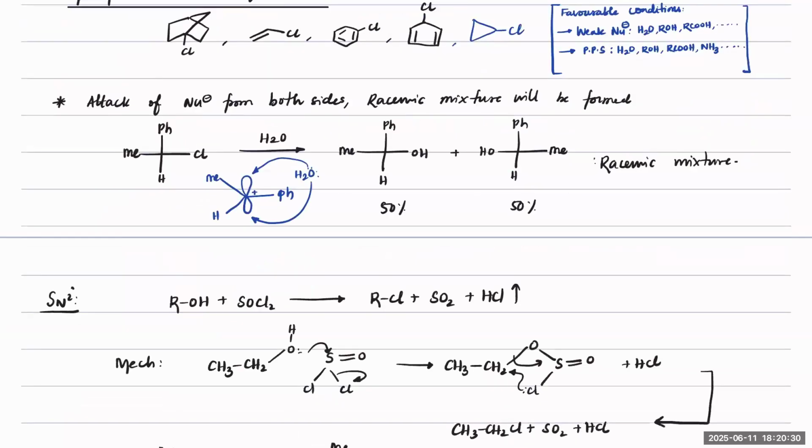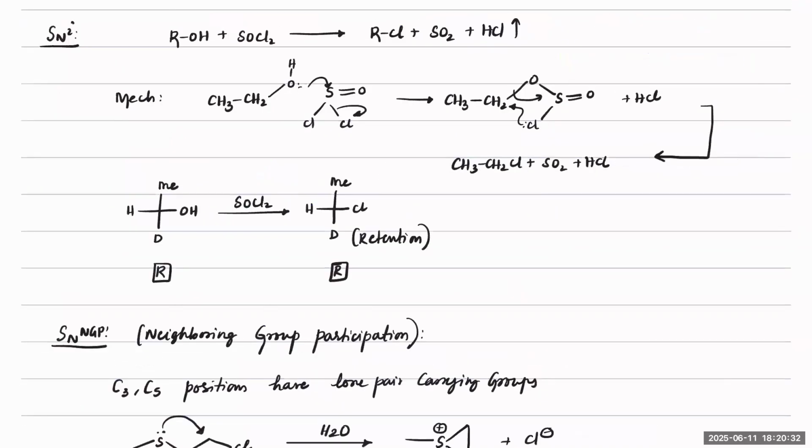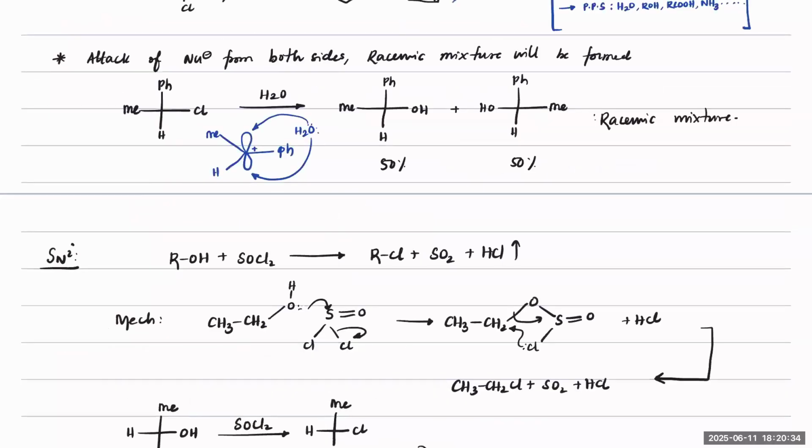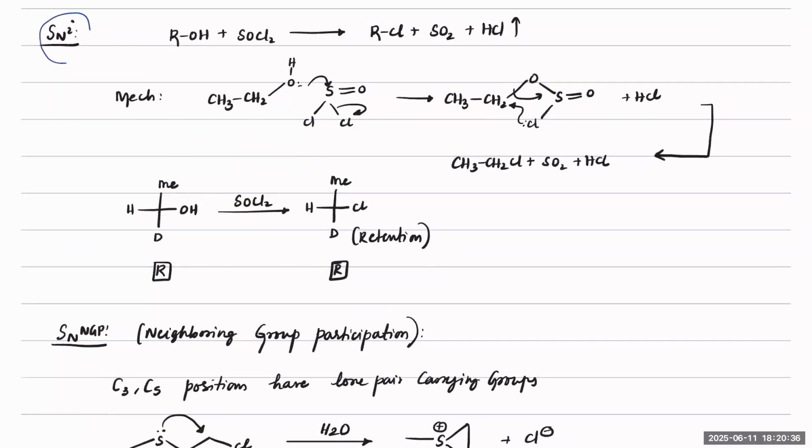Clear, beta? Right. Next one is SNi mechanism. Let us see what is SNi mechanism. If you take an alcohol and react with SOCl2, you will get alkyl halide, SO2 and HCl. How does this proceed? The lone pair present on oxygen will act like a base.